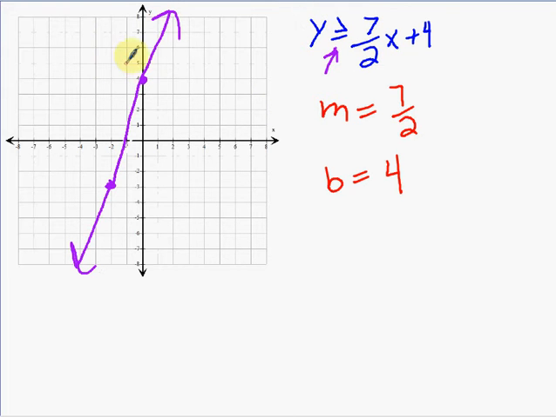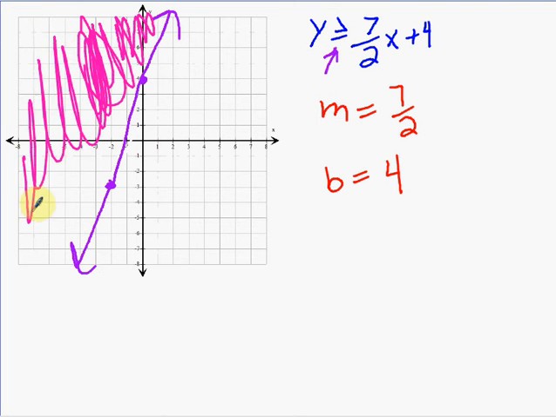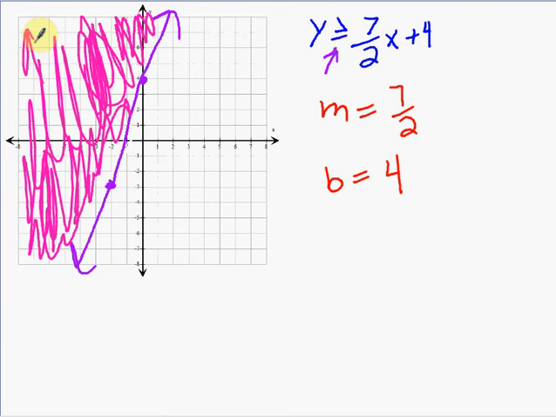So what that tells me is that I want all of this stuff that's above the line right here. All my solutions to my inequality are on the solid line because it's solid, and all of these points that lie in that area above the line because I'm greater than.